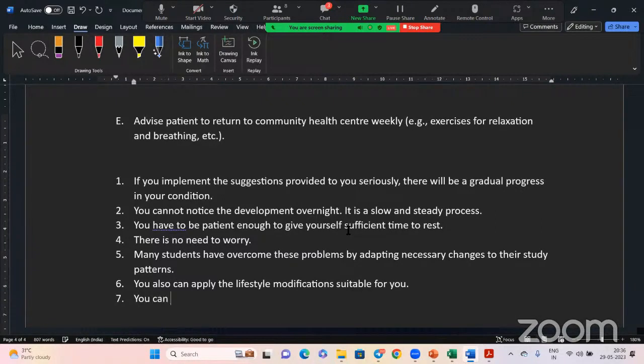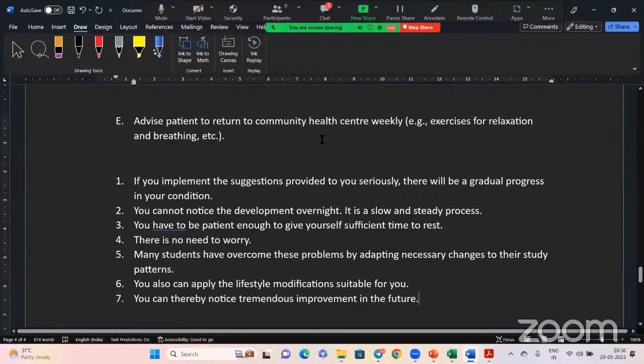You can thereby notice tremendous improvement in the future.